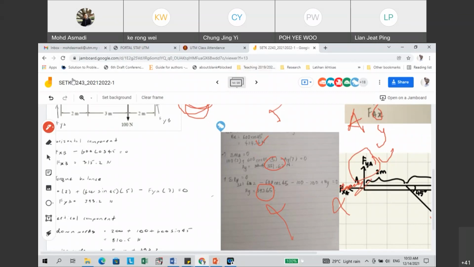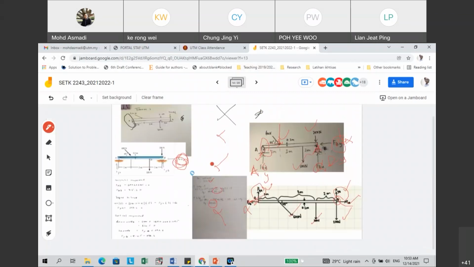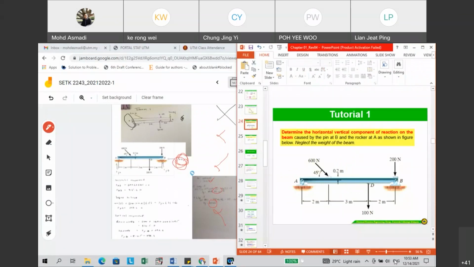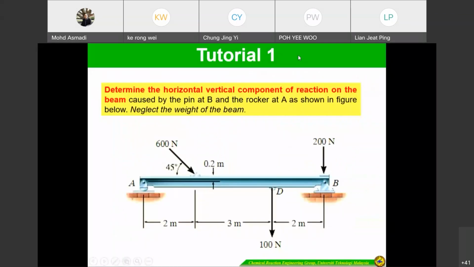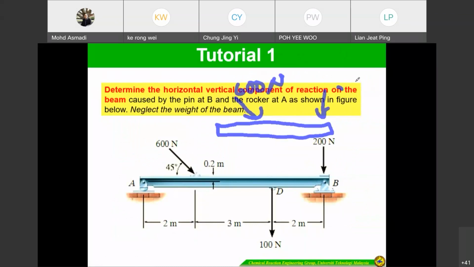So if you look here, you have to redraw again. Okay, this one 600 newtons, 200 newtons. And this one is only AY. This one is 100 newtons. What else?